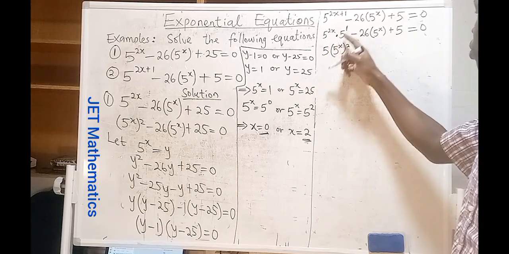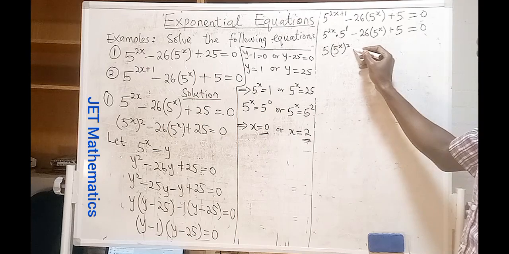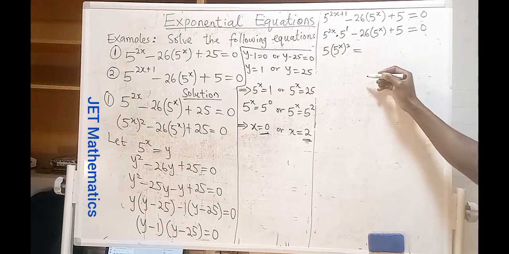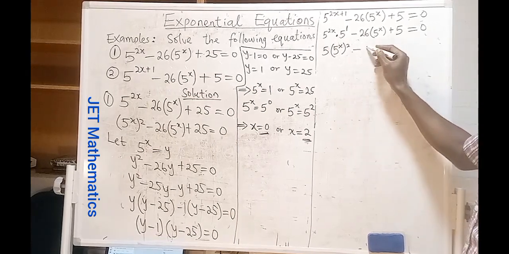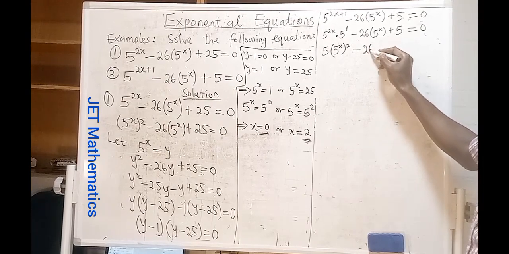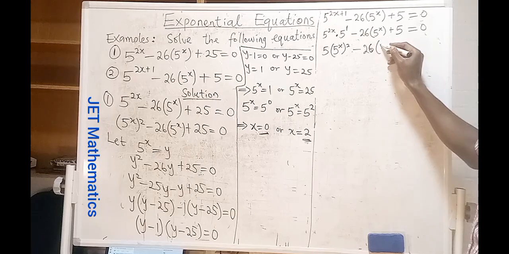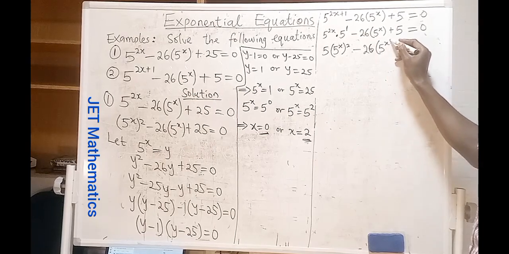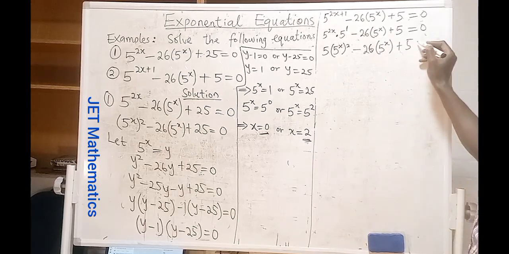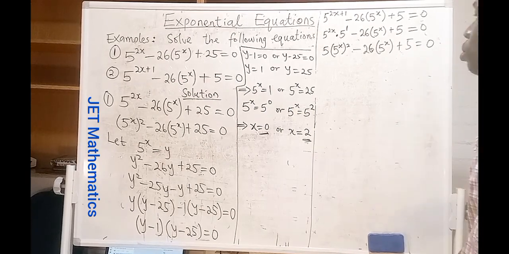Then 5 raised to the power 1 is this 5 here. It equals, minus 26 times 5 raised to the power of x plus 5 equals 0.